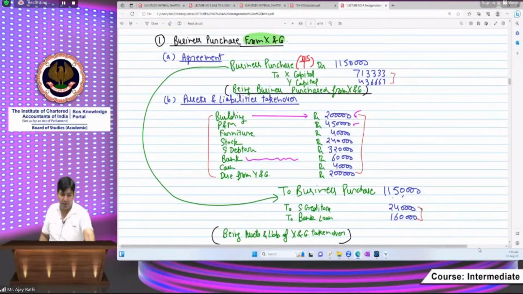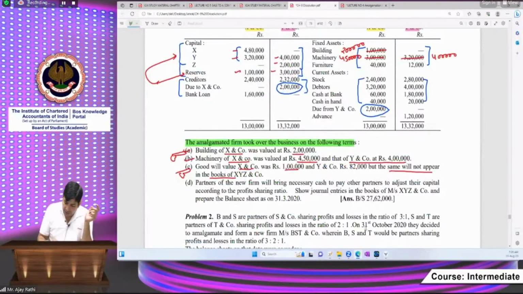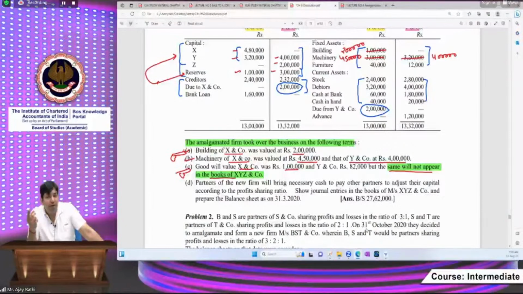Yes, beta, for the time being, in the books of the old partnership firm, there is no accounting of goodwill, because we do not need to open the account. For accounting purposes we would definitely open the goodwill account and then write off. No, here we have been restricted by the question that there must be no opening of account. Beta, see, I am highlighting here, since the question has told us clearly, goodwill will not appear in the books of the new partnership firm, because if we are closing the existing balance sheet after revaluation, then we have to transfer the goodwill account also, and the same account will be opened in the books of the new partnership firm.